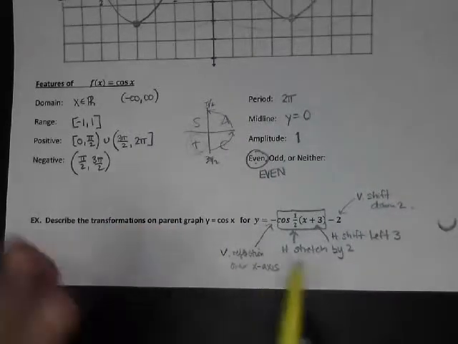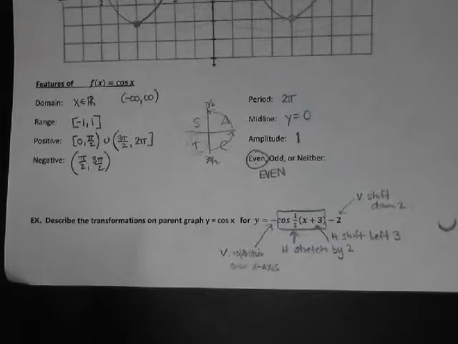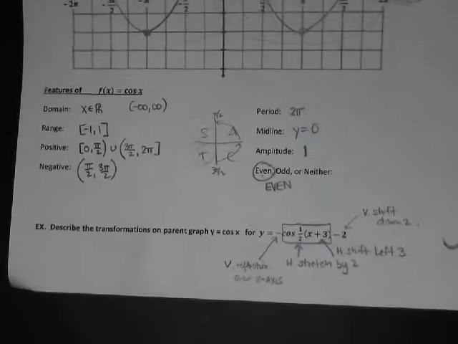So as far as describing, you might have that many in one problem. But when we get to graphing by hand, you're definitely not going to have more than 3. Usually you're only going to have 1 or 2 transformations per problem when you're sketching these by hand. So that's all there.